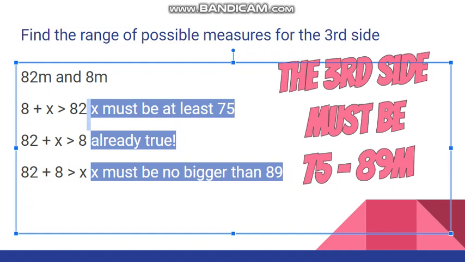So x will have to be at least 75 to add to 8 to make 83. 82 plus 8 is 90. So x has to be smaller than 90, which means that x has to be no bigger than 89. So the third side of this triangle has to be between 75 and 89 meters.